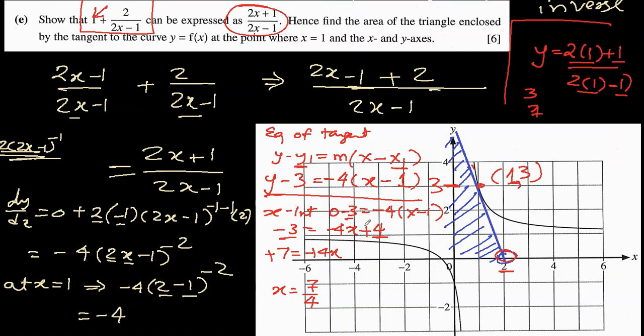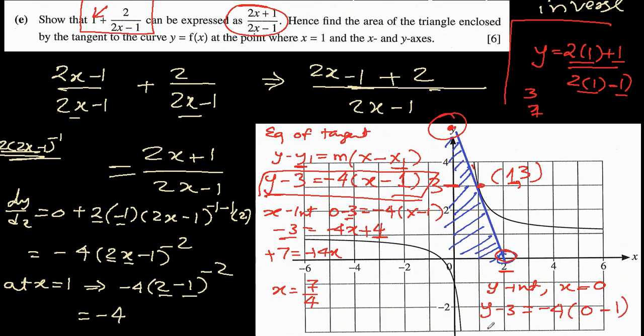Okay, let's find the y-intercept. Where is this crossing the y axis also, so that we get the height of this triangle. So let's put the same here, but for y-intercept, x is 0. So y minus 3 equal to negative 4 times (0 minus 1).